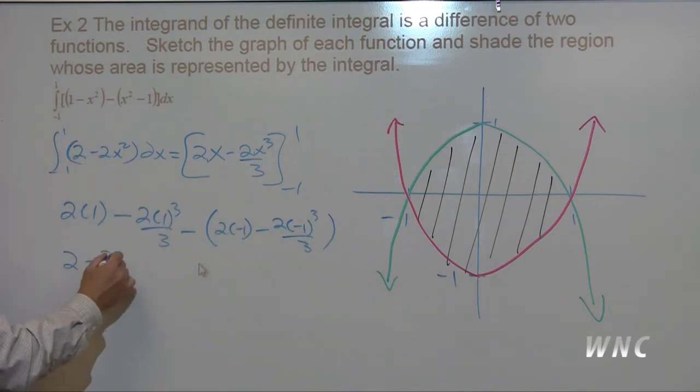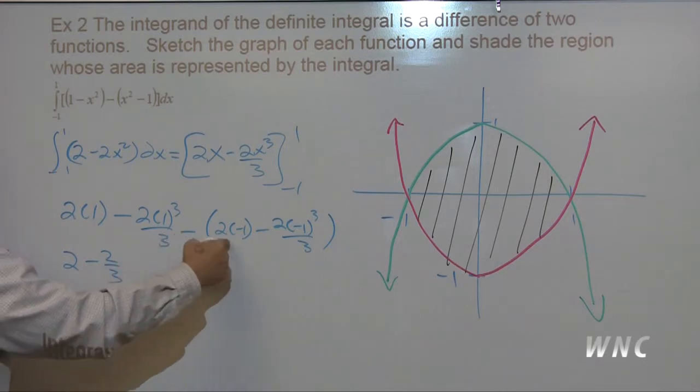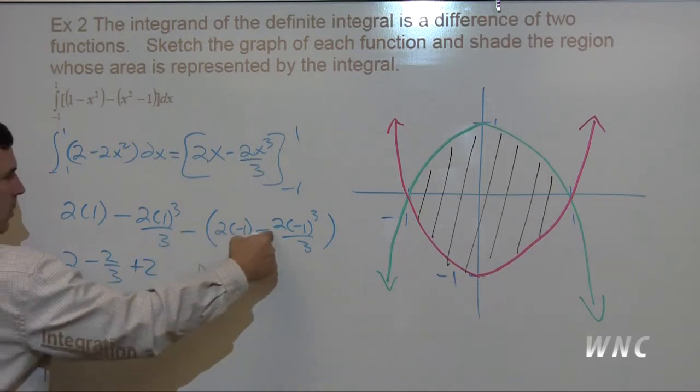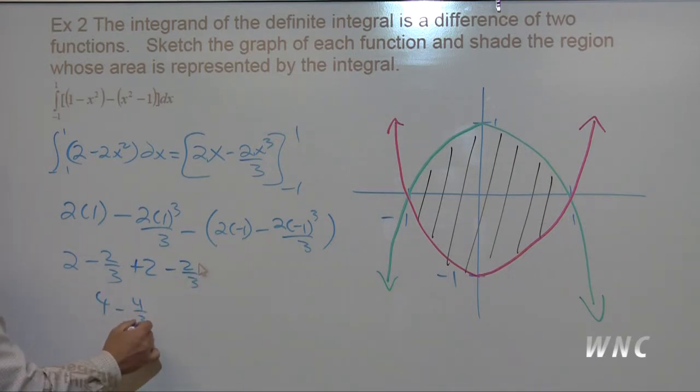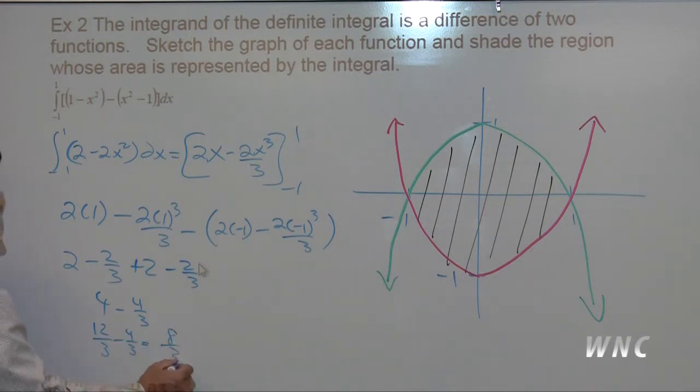That's 2 minus 2/3 plus 2 minus 2/3. 4 minus 4/3, that would be 12/3 minus 4/3 is 8/3. That's the area between the two curves.